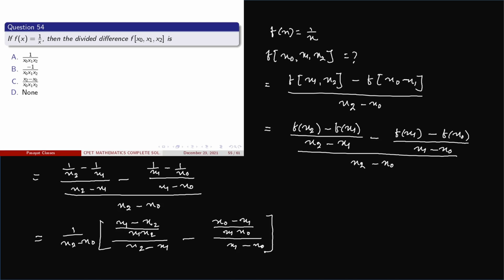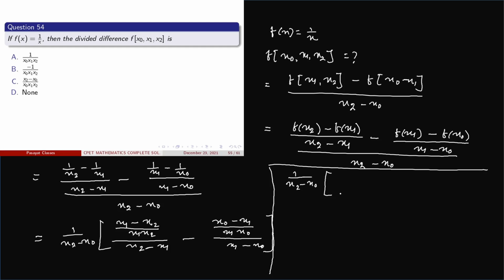Clear? Now, this is 1 by x2 minus x0, and in this bracket observe that x1 minus x2 is the negative of x2 minus x1.